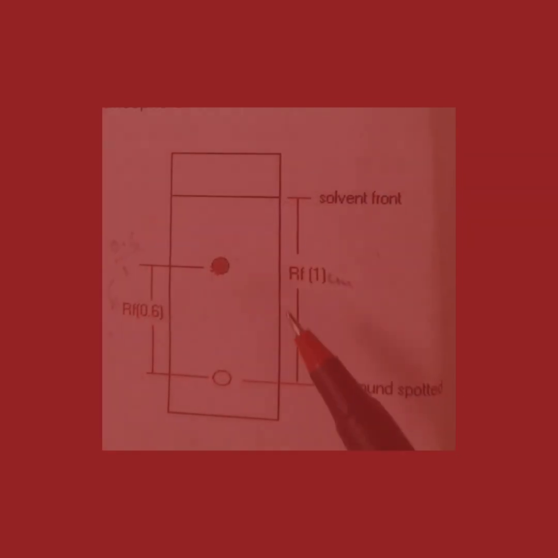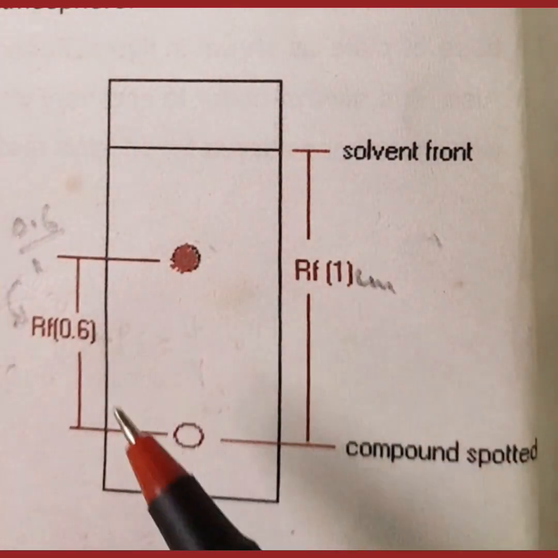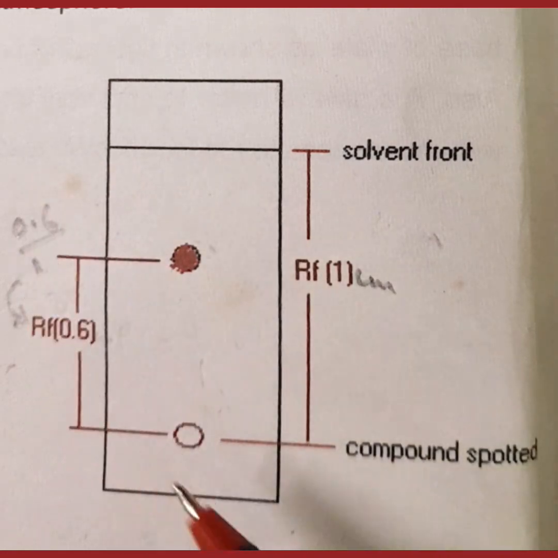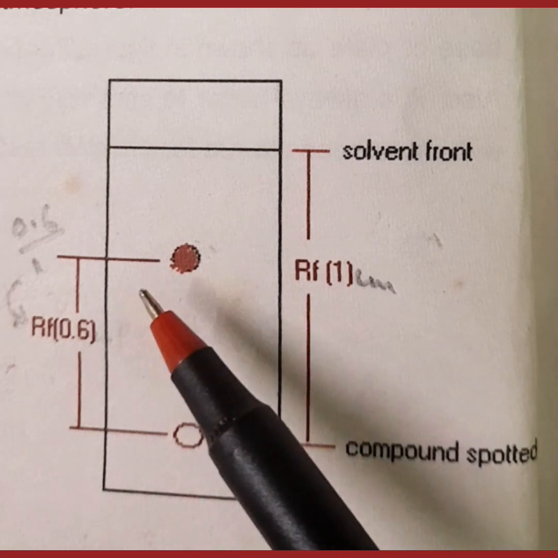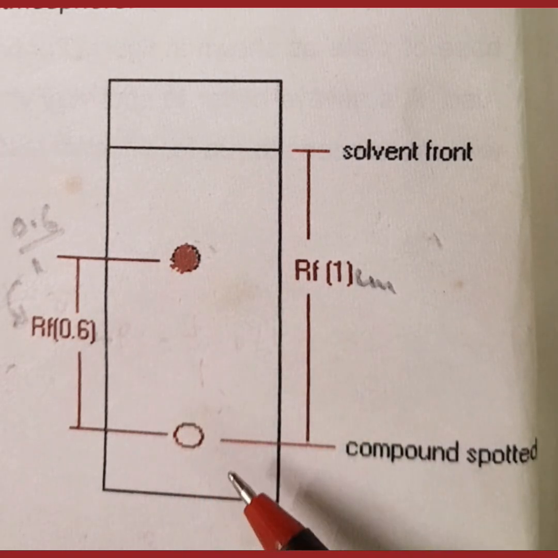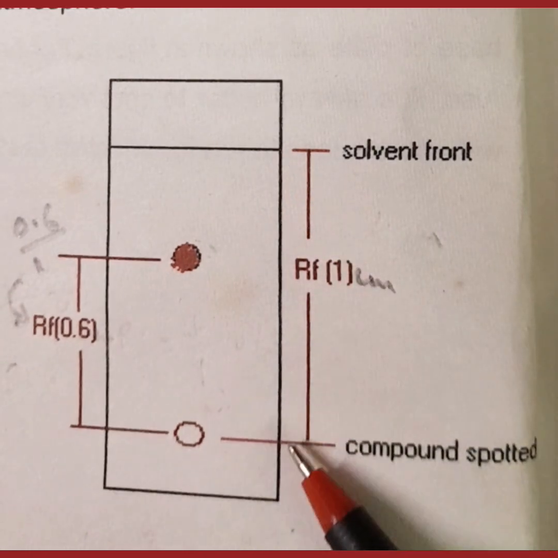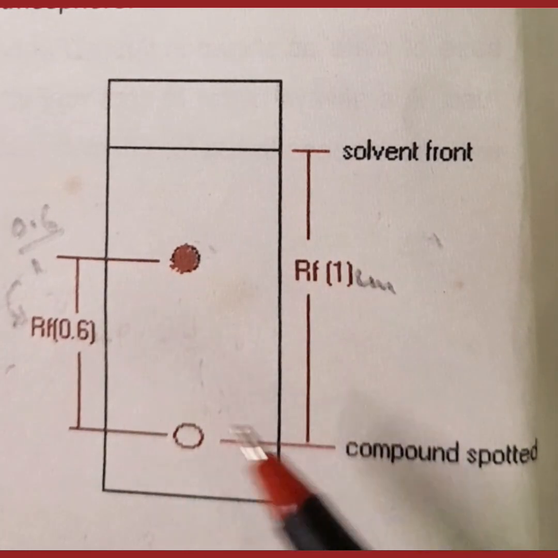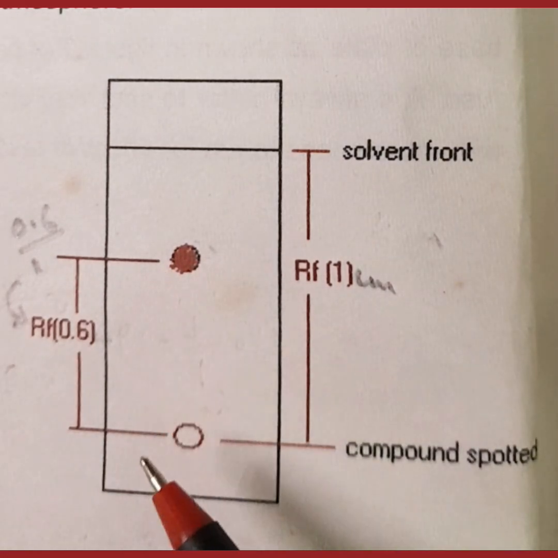Let's understand the retention factor. Now retention means retention of material on silica. Alright, now this is a silica bed. Now suppose the compound that we had spotted here moved till here, and the solvent front moved till here. Now assume that this distance is 1 centimeter and this distance when measured is found to be 0.6 centimeter.